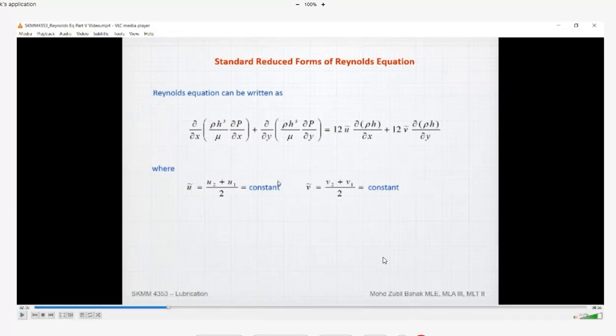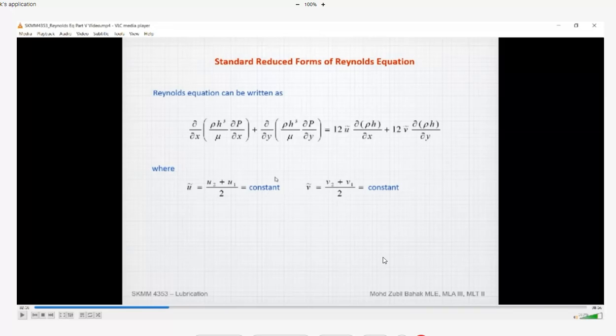I think this u bar equal to u2 plus u1 divided by 2, and v bar equal to v2 plus v1 divided by 2, is used in the viscous flow condition. So you have this u bar and v bar.